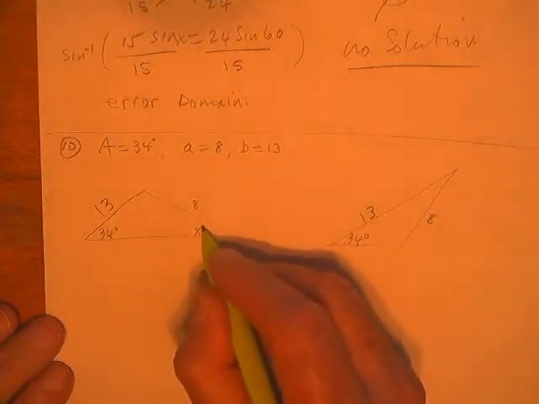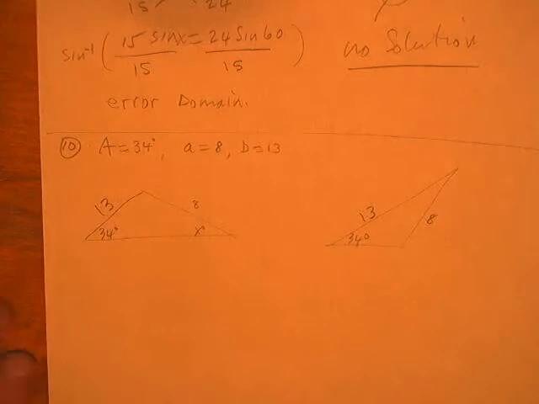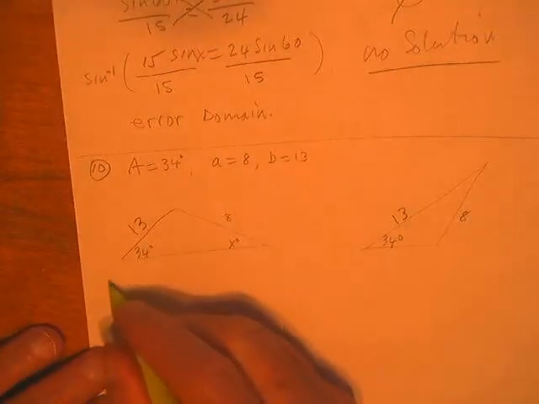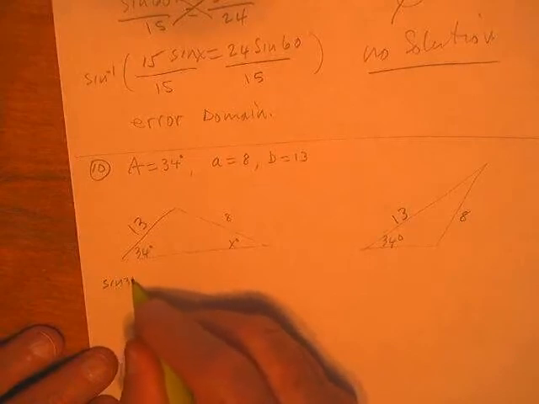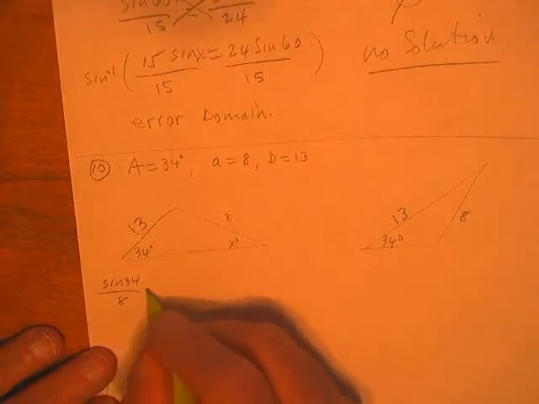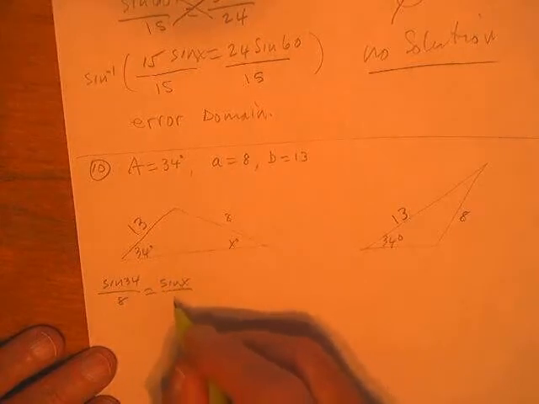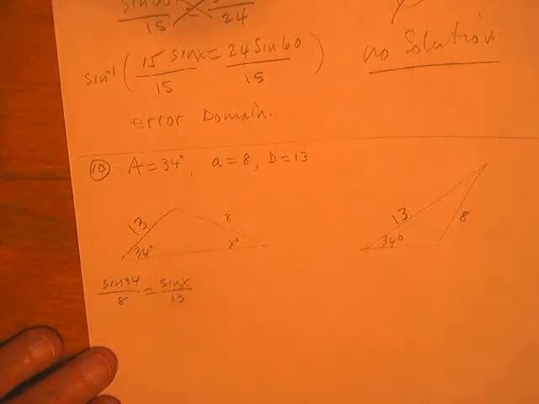Okay, so let's go over here with x. I need sine 34 over 8 equals sine x over 13.